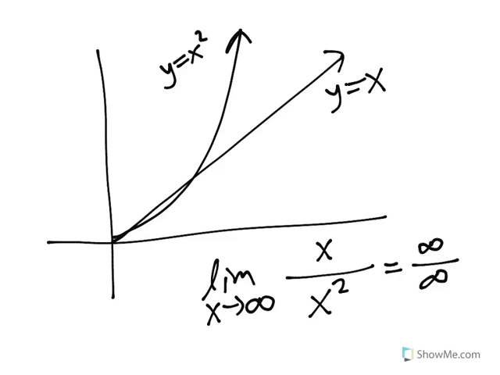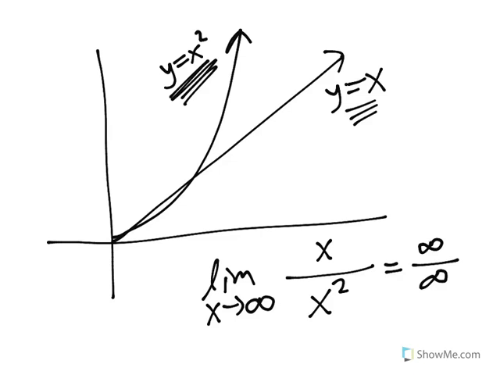But the question is, how are they growing? What are their speeds? How fast are they going to infinity? If you blow this up and look at the big picture, we can all agree that y equals x squared is going to infinity a whole lot faster than y equals x.